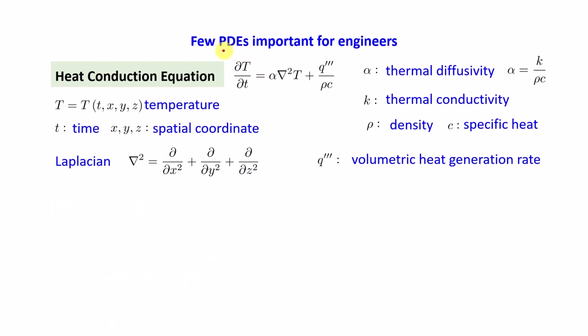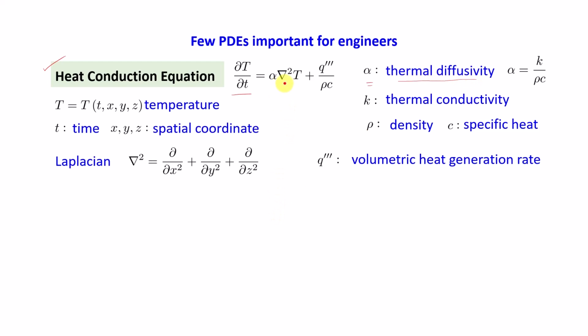So these are some of the unusual characteristics of PDEs as compared to ODEs. Now, several PDEs are very important for engineers, and in this course we will particularly talk about the heat conduction equation. The heat conduction equation is: the time derivative of temperature T is equal to alpha del square T, where alpha is a property we call thermal diffusivity.